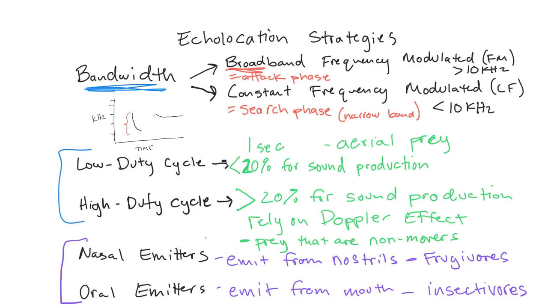So that allows the sound to hit their ears at different times, and they can use that to locate prey and understand where it's moving. But there are some pretty ugly bats out there with lots of weird facial structures for either amplifying the sound as it goes out or funneling it as it comes in.